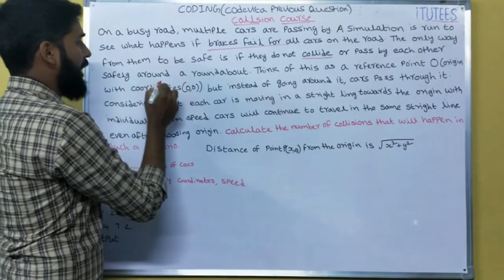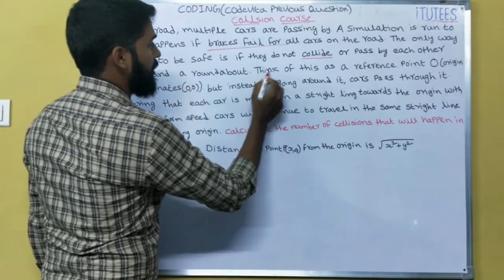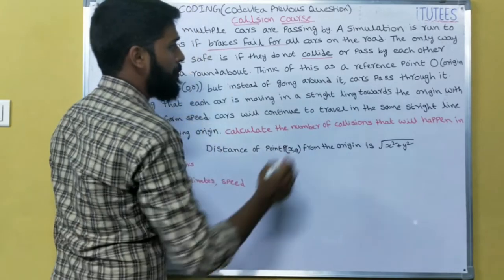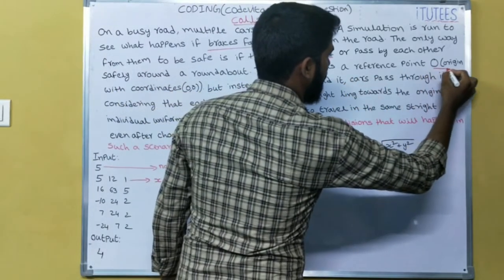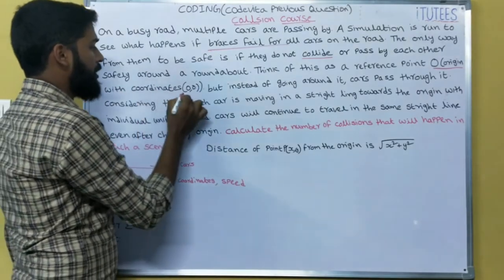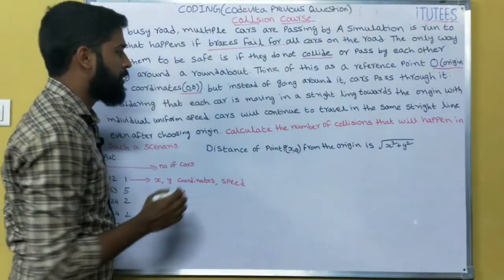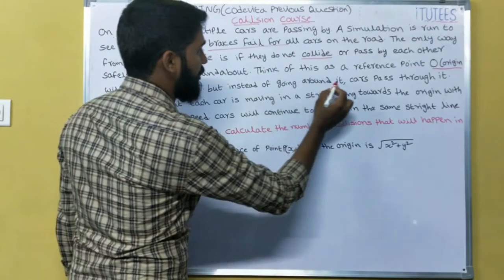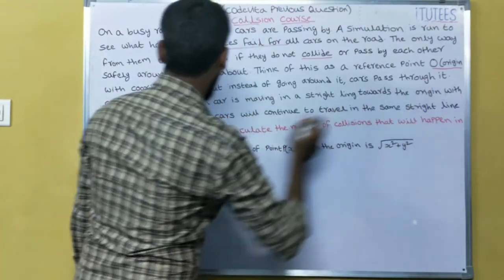Think of a roundabout as a reference point O. O means origin, with coordinates 0, 0. But instead of going around it, cars pass through it.